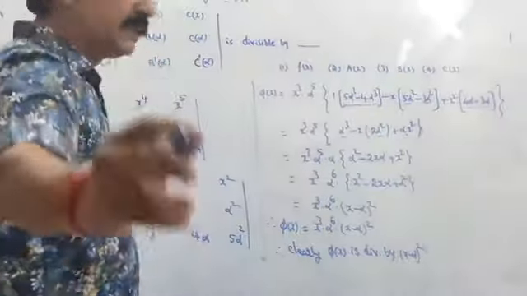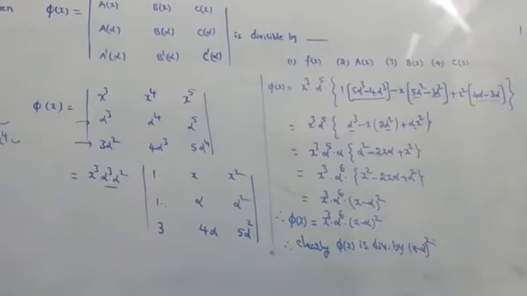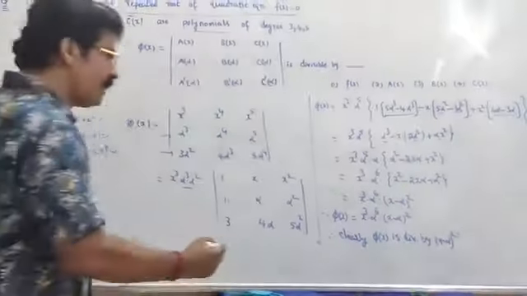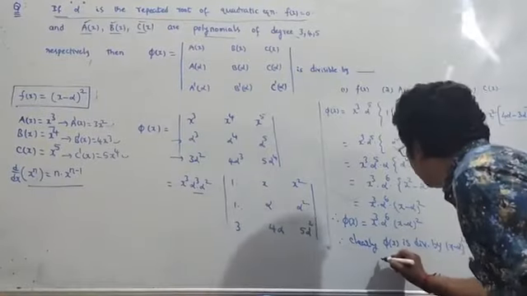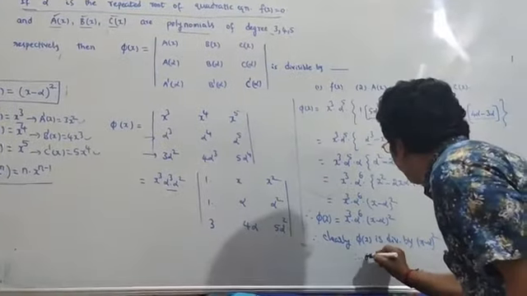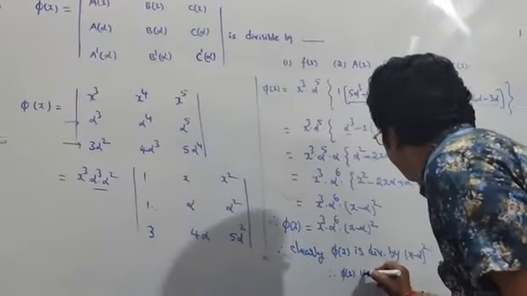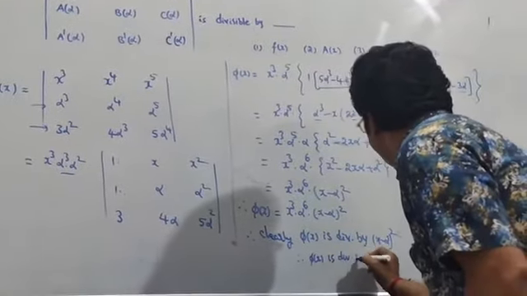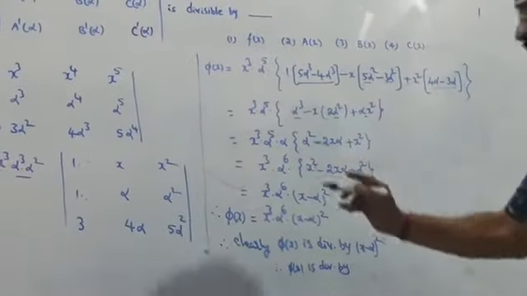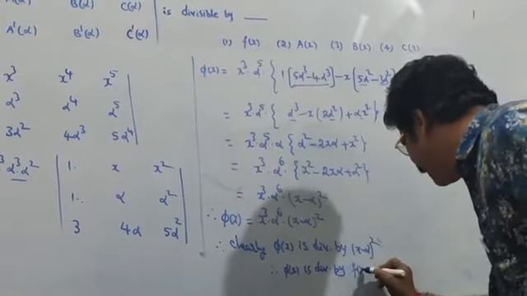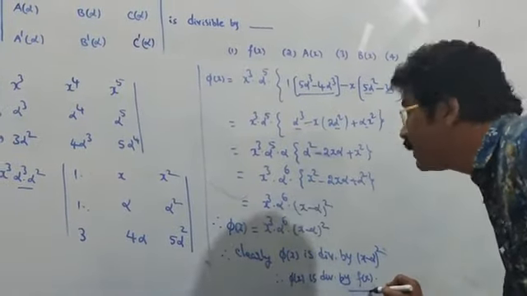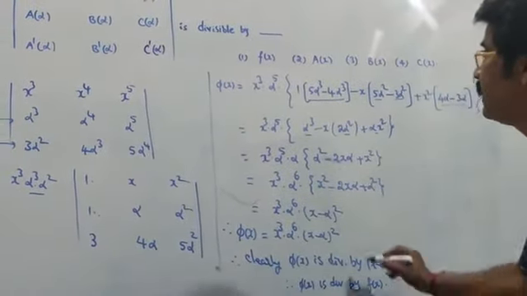But x minus alpha whole square is what? F of x. Therefore phi of x is divisible by f of x. Hence the problem. So which option is right?